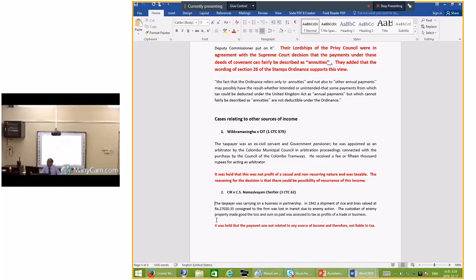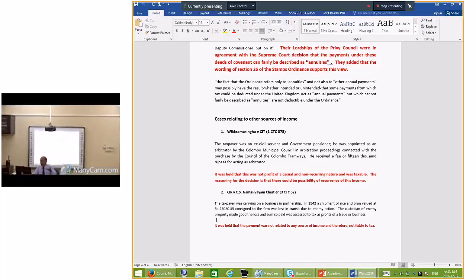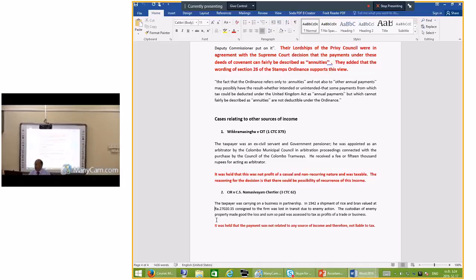Right? The court decided this was not a profit of casual and non-recurring nature and was taxable. The reason is that there is a possibility of recurrence of this income, again and again it can recur, since he could be arbitrator for other cases even, right?